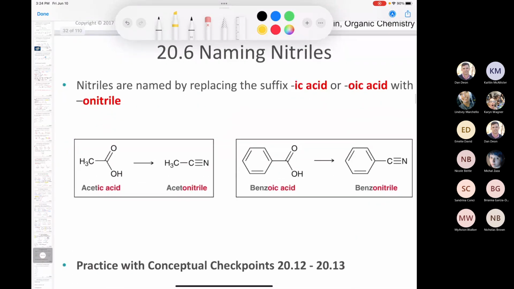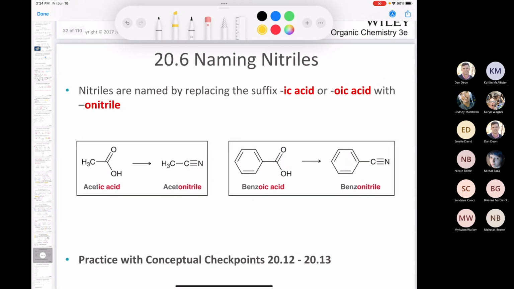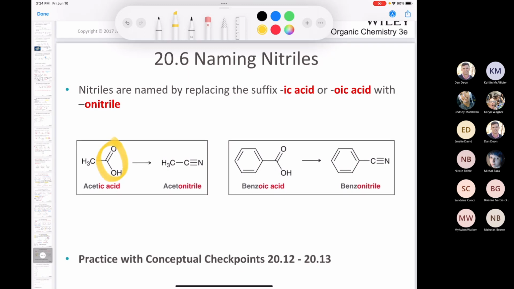And the last one, our last functional group that we learn how to name, is a nitrile. So how do you name a nitrile? You replace the suffix -ic or -oic acid with -onitrile. If we have acetic acid and we replace the carboxyl group with a nitrile, it becomes acetonitrile. If you have benzoic acid and you replace this with a nitrile, it becomes benzonitrile.